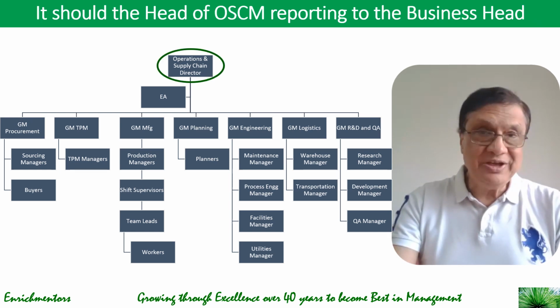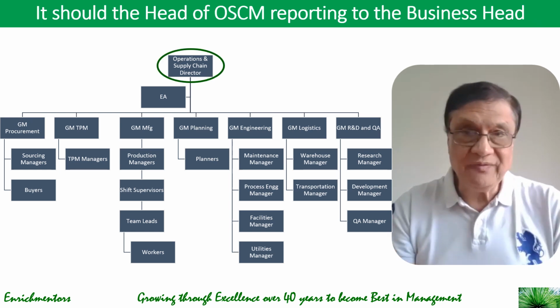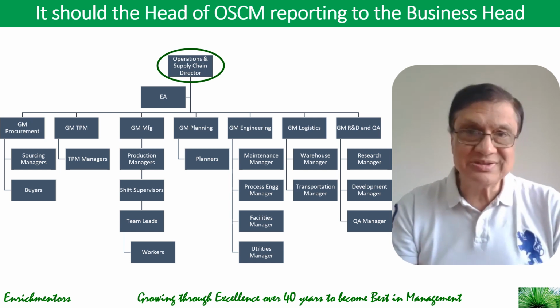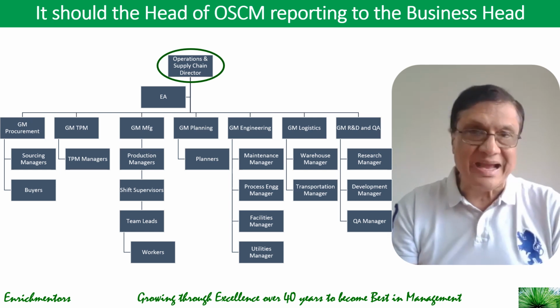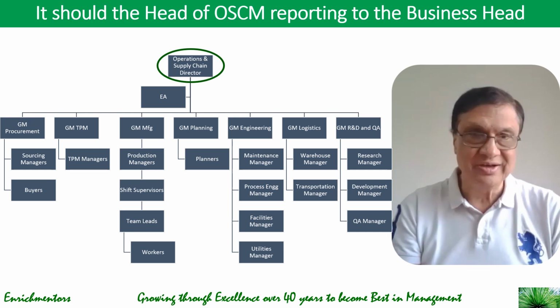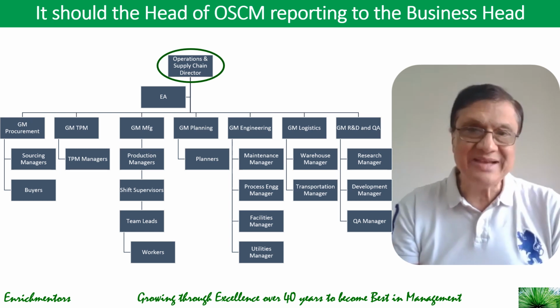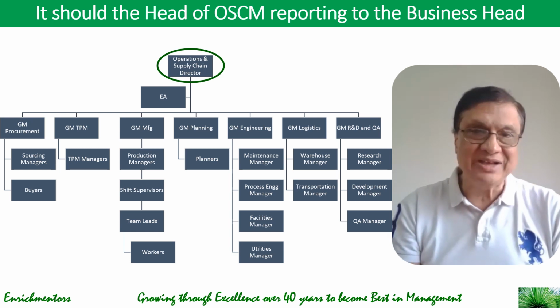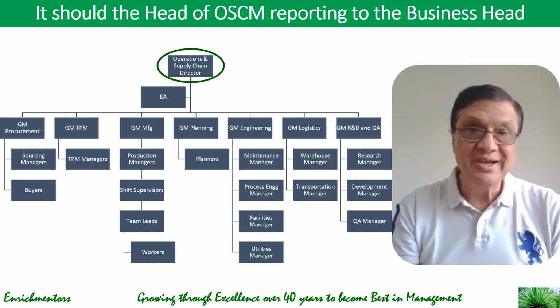See, the primary responsibility of operations and supply chain management strategy lies with the head of the OSCM, whatever name we call, as we said, because he or she has the responsibility of directing the whole organization to achieve the strategy. So obviously, he or she will need to set the strategy, working with the first level team.